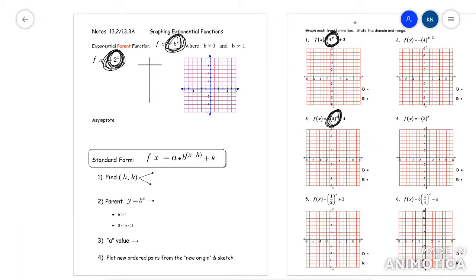Now the number that the base is super important, because if b is greater than 1, it's going to be growth, and your graph is going to take this shape.